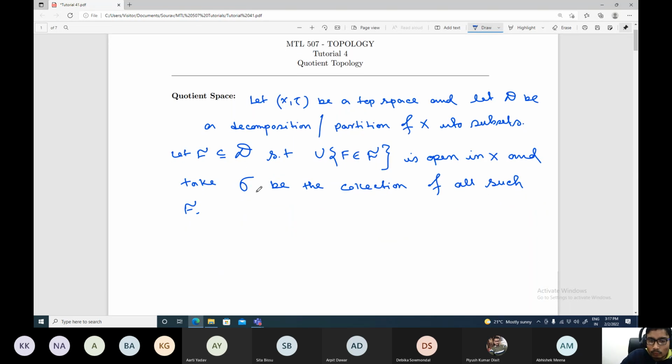Then what will be that sigma? What is the standard name? Then this (D, sigma) is called the quotient space, right?